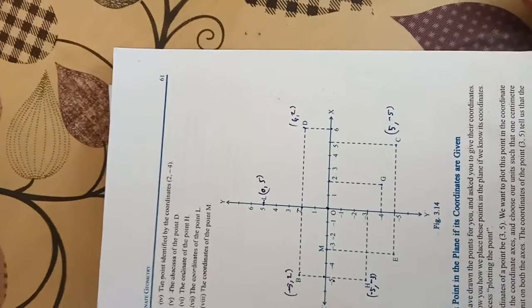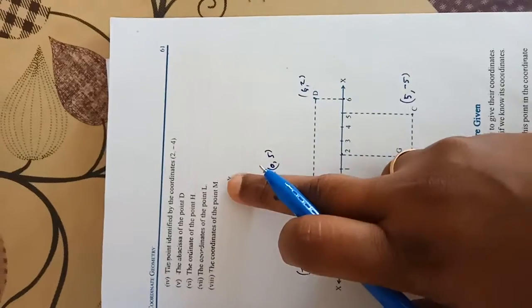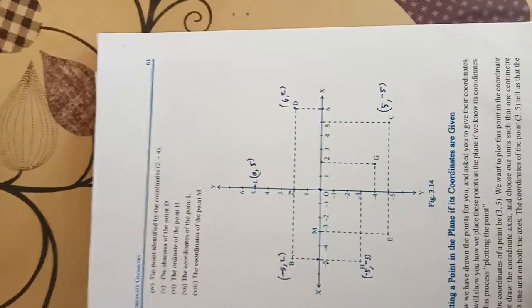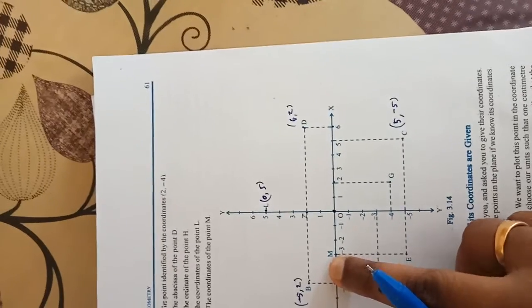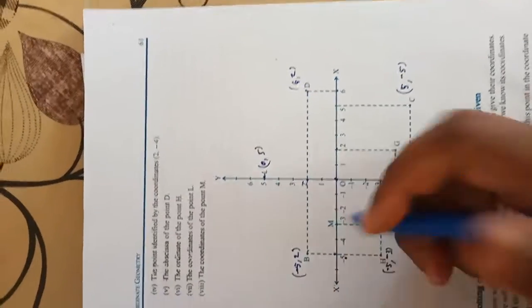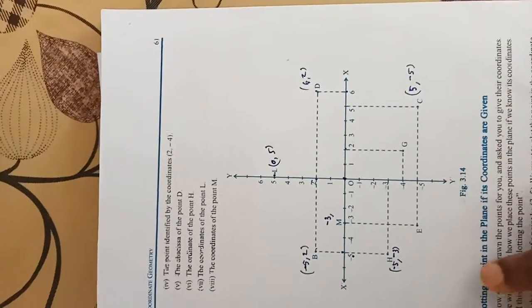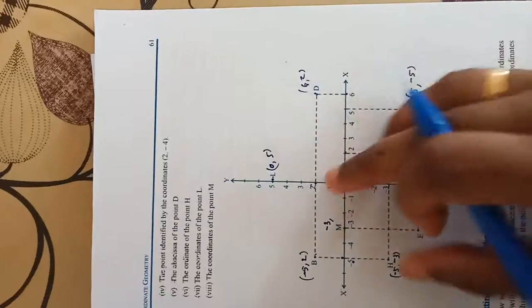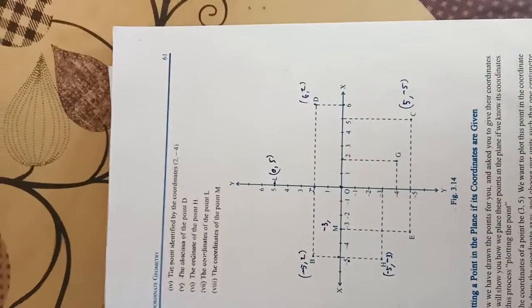Next question, last part, the coordinates of the point M. Where is M? You will get the point M here. Here x-axis is going like this. So x point is minus 3, comma. Next, y value is going like this and it is 0.